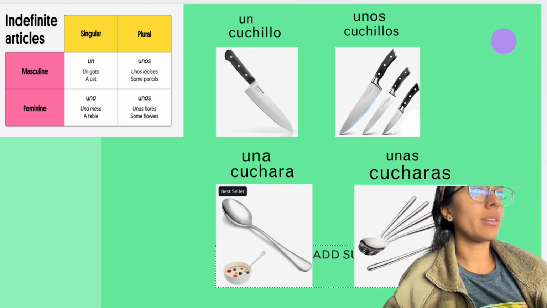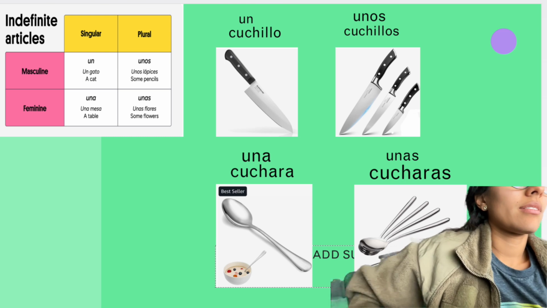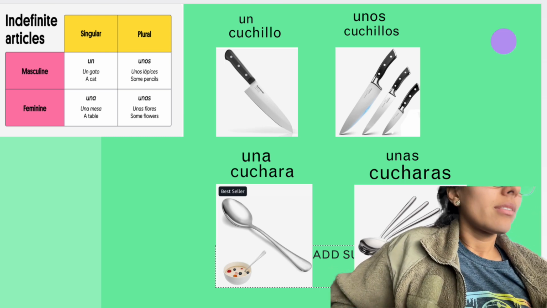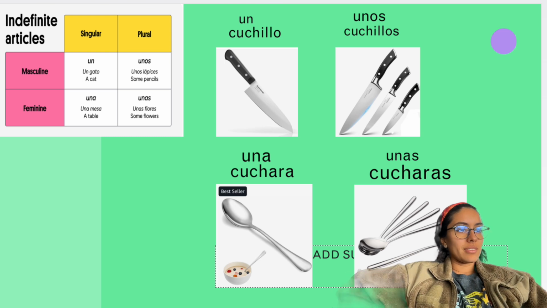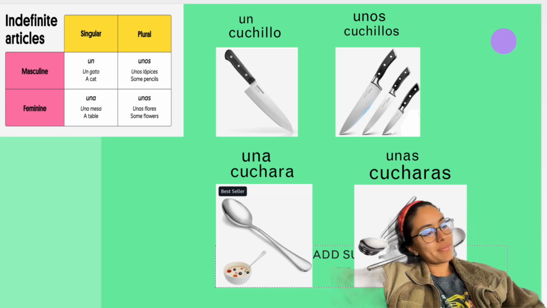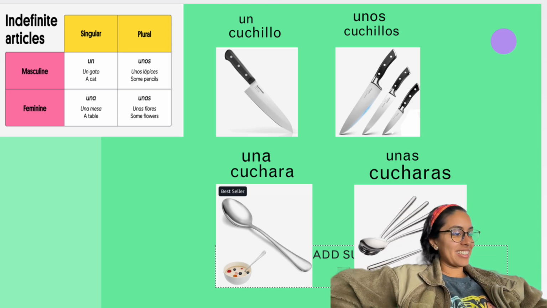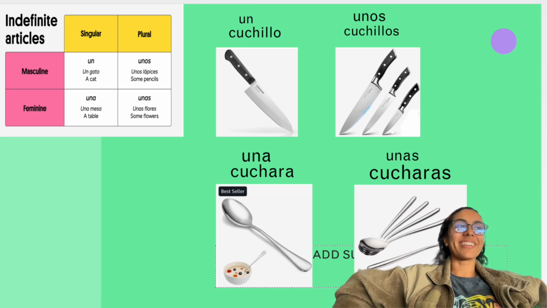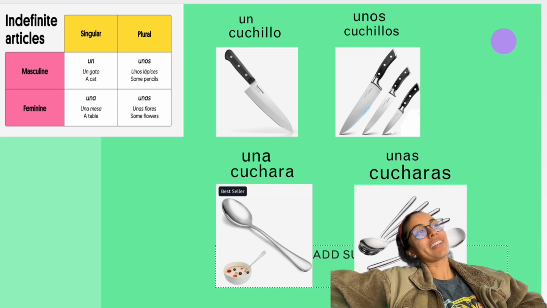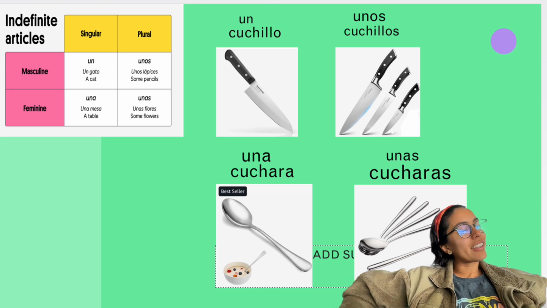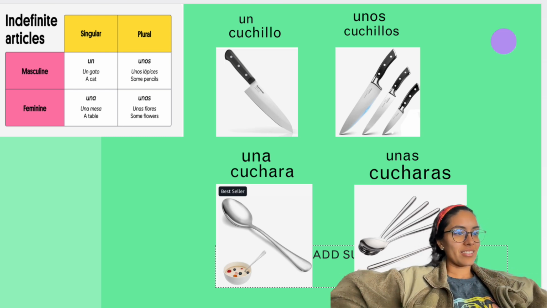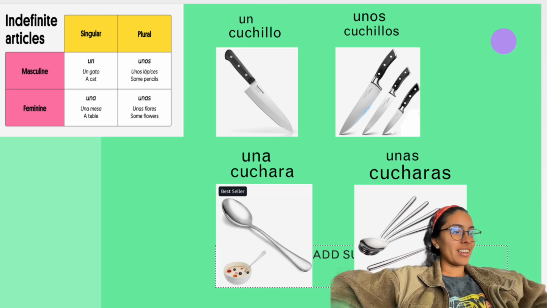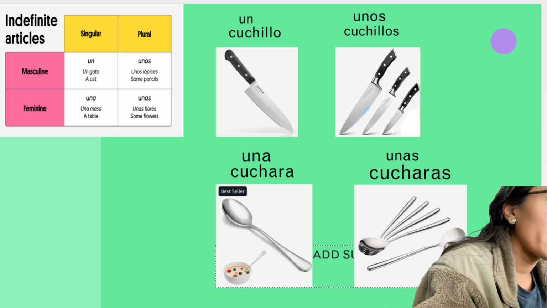We go with Dan. Un cuchillo and unos cuchillos. Yes, very good, wife. Un cuchillo, unos cuchillos. Very good. Next one. Who we have next? That's you, Karen Verdi. Un cuchillo, unos cuchillos. There's no L. We're gonna try that again.